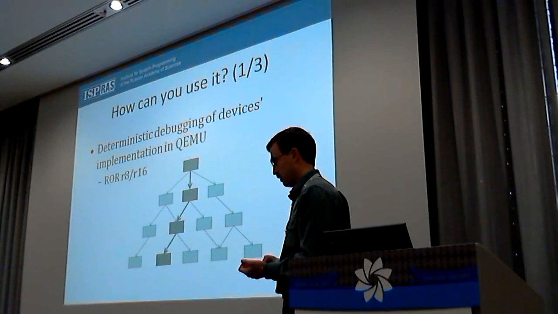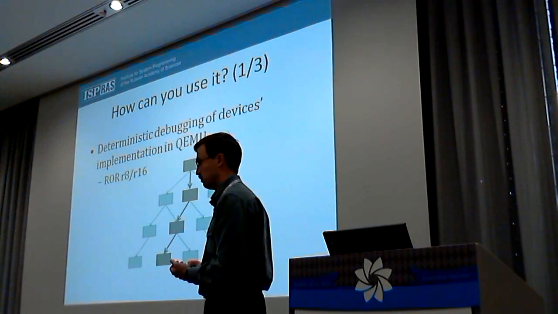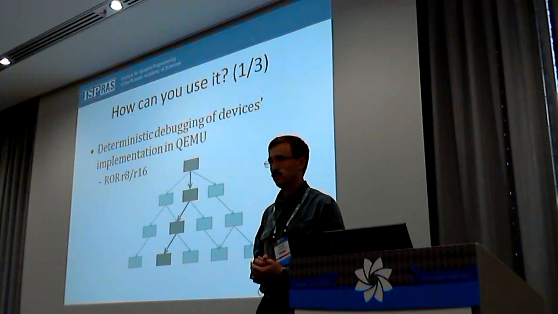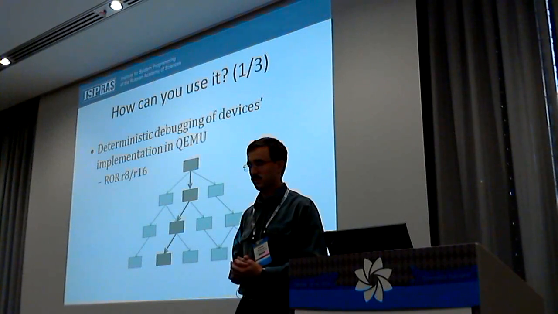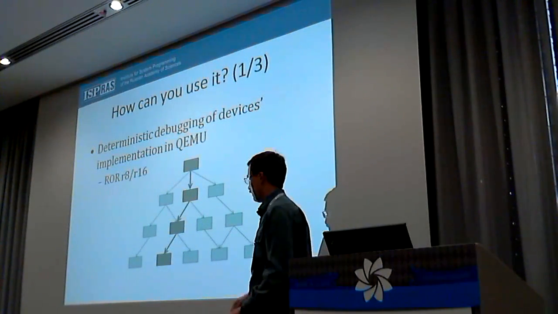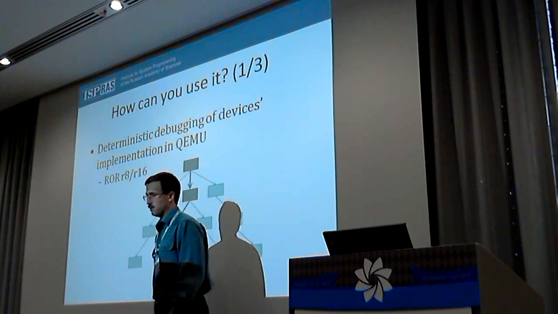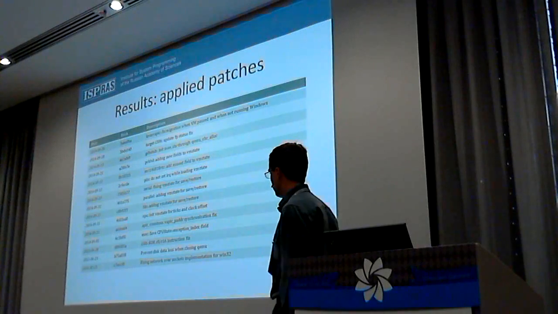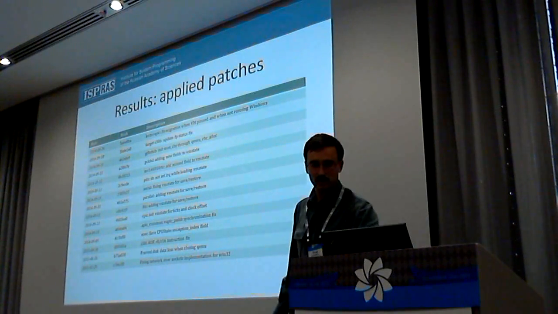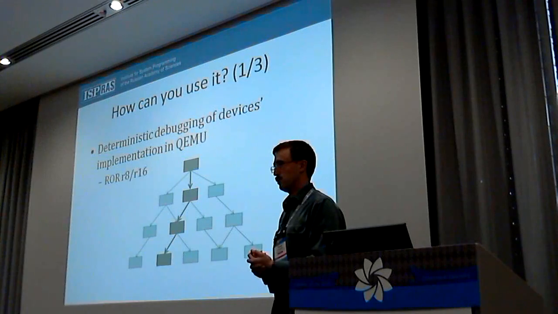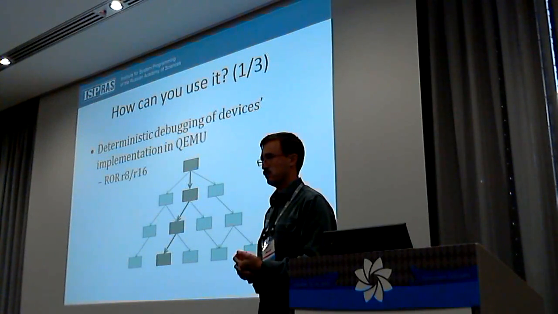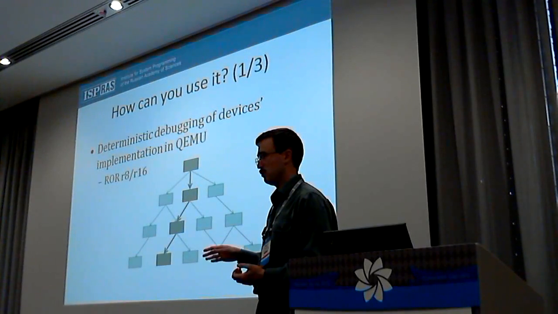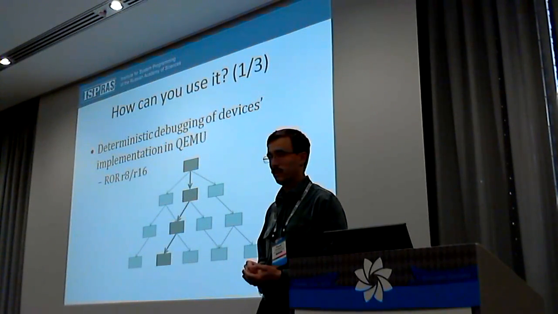One of the possible benefits is the deterministic debugging of new virtual device implementations. On the previous slide, you could see the patch for the ROR instruction, which we noticed after the execution of several billions of instructions on loading Windows.